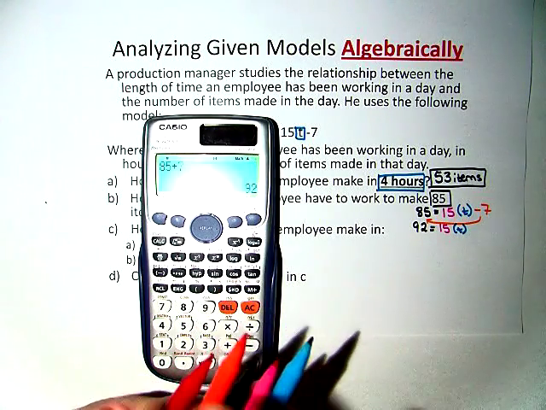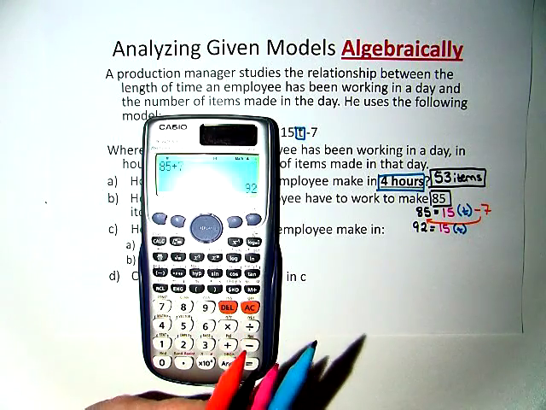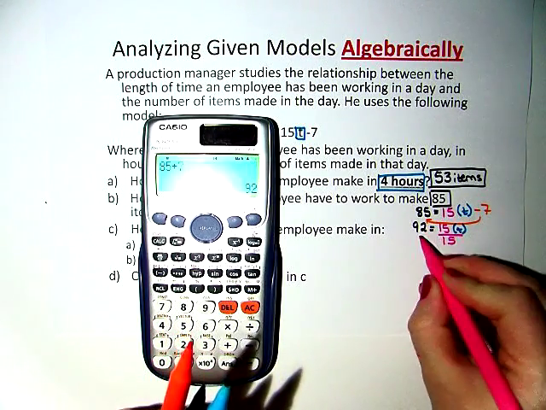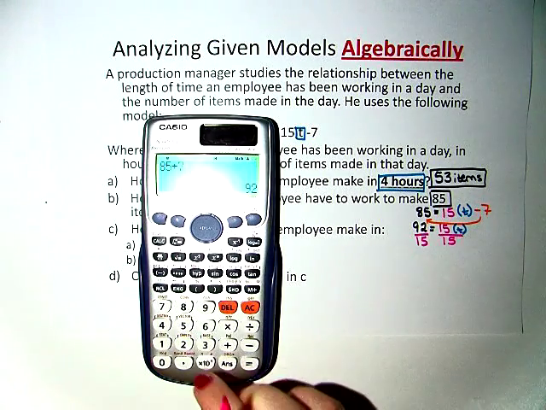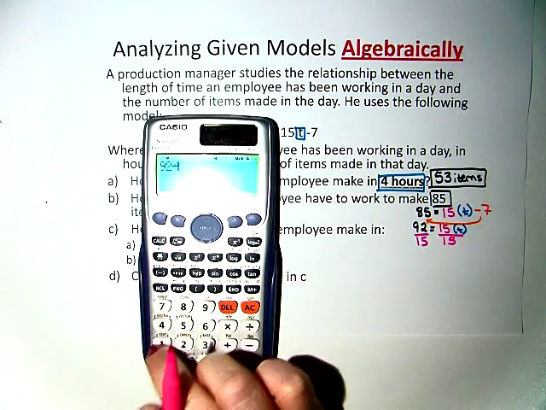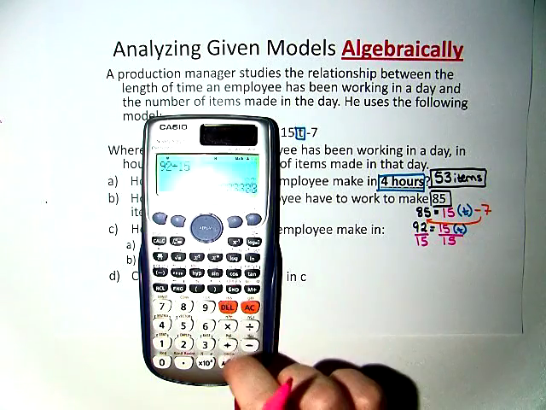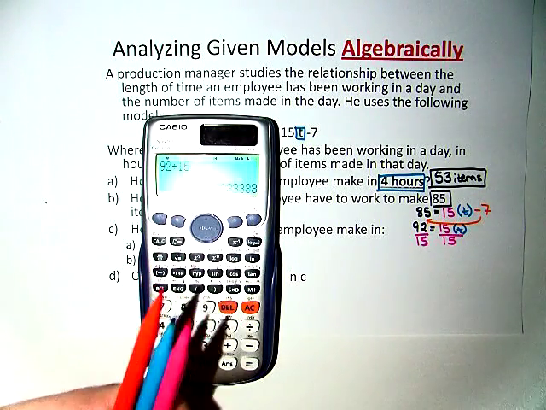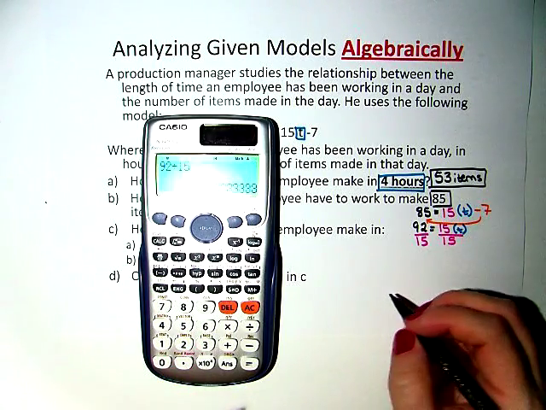So in order to undo that multiplication, we have to divide both sides by 15. So 92 divided by 15 gives me 6.13. So we're going to round it off and call it 6.13 hours.